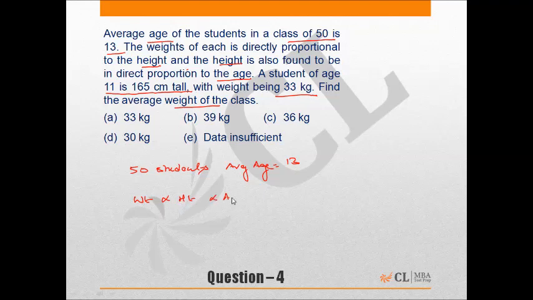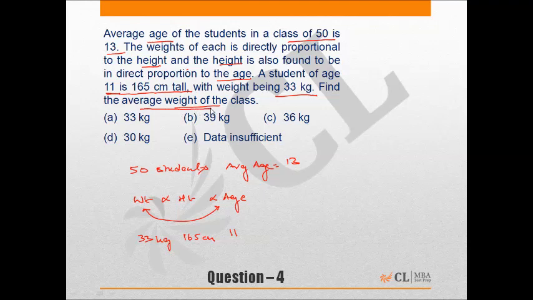Or in other words, weight is proportional to age. The question says a student of age 11 is 165 centimeters tall with weight being 33 kg. Weight of 33 kg for an age of 11 years and height of 165 centimeters. Find the average weight of the class.